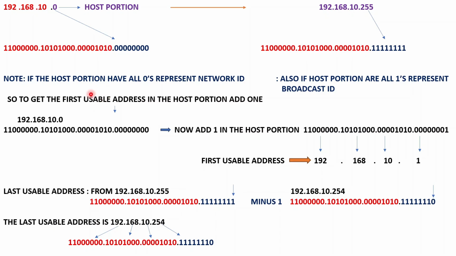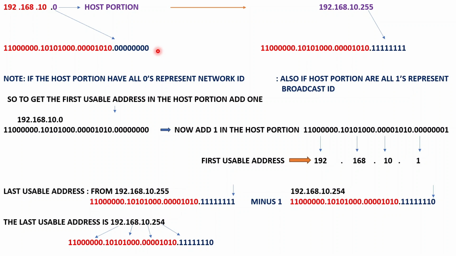The first usable address is going to be assigned in the host portion. So the host portion is where we are going to assign the first usable address, and we will get the last usable address. So we are going to focus on our host portion. So the host portion now is 00000000. It is 8 bits.